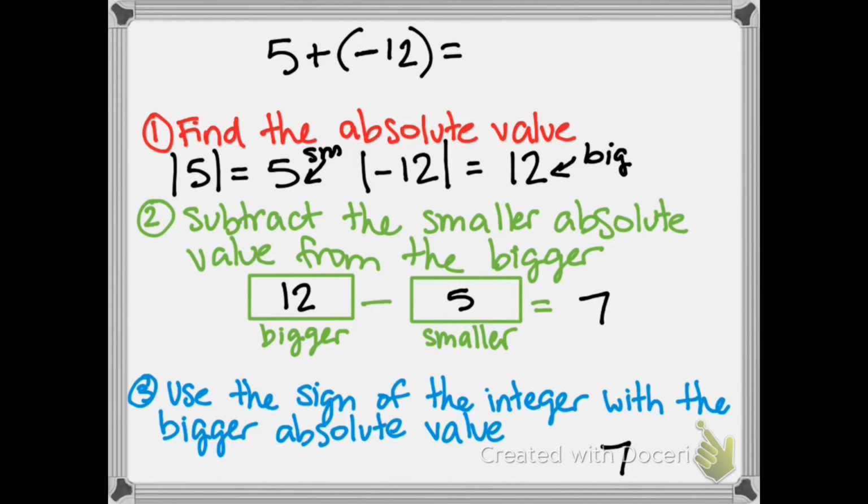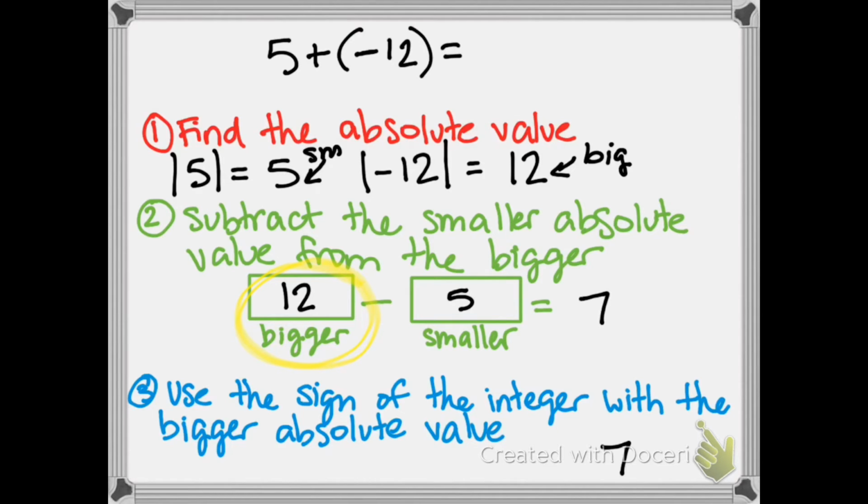So I just need to make sure that my answer is correct. Is it positive 7 or is it negative 7? Number 3 says use the sign of the integer with the bigger absolute value. So I already know in step 2 that the integer with 12 as an absolute value was the one with the bigger absolute value.